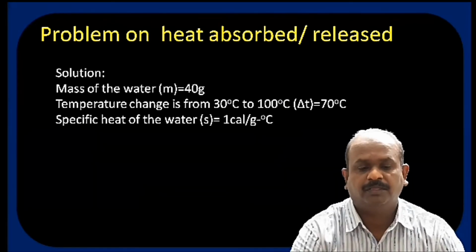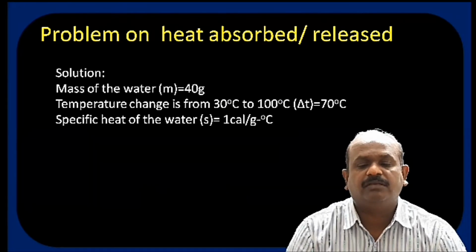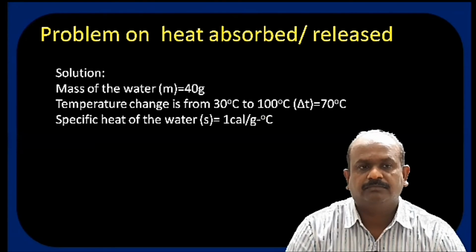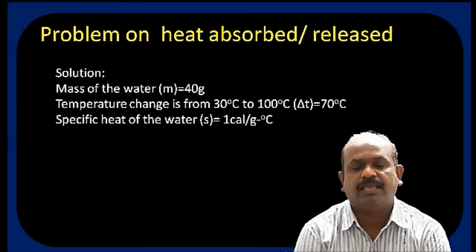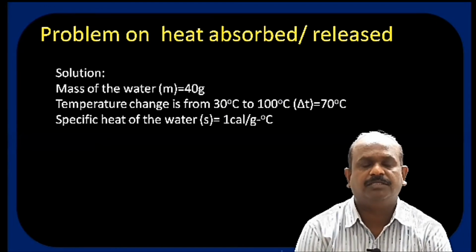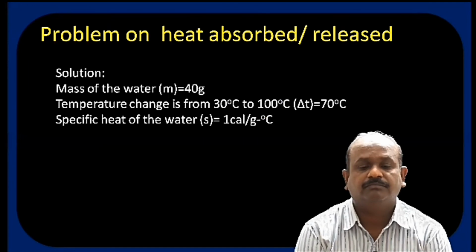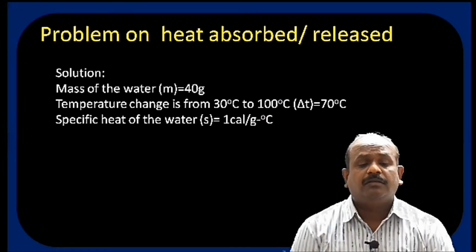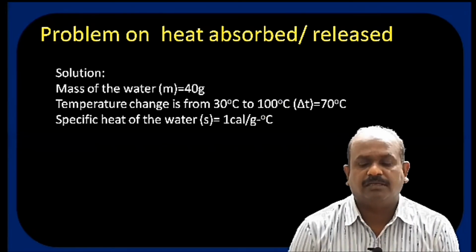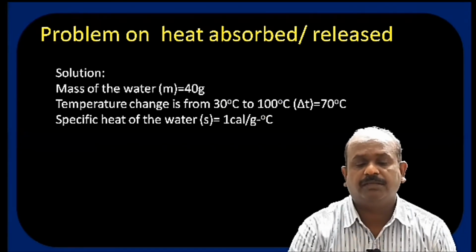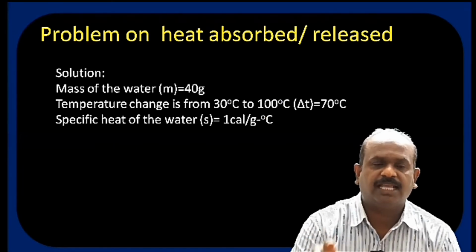Okay. Specific heat of water is 1 calorie per gram degree centigrade. Here, what are the units of specific heat? In CGS units, it is calorie per gram degree centigrade. If you know these three quantities, you can find how much heat is absorbed by the water.